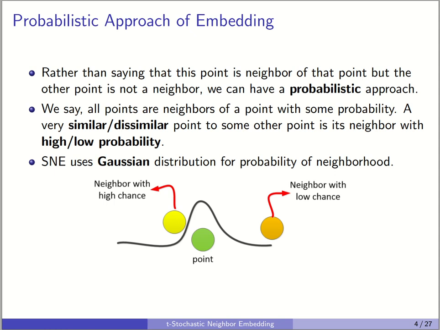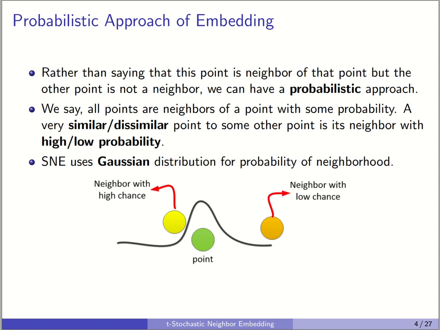And what determines this probability? If 2 points are close to each other, we can say that those 2 points are neighbors of each other with high probability. But if they are far away from each other in the input space, we say that they are neighbors but with a very low probability. So every point can have a Gaussian distribution around it, where it itself stands in the mean of the Gaussian distribution.